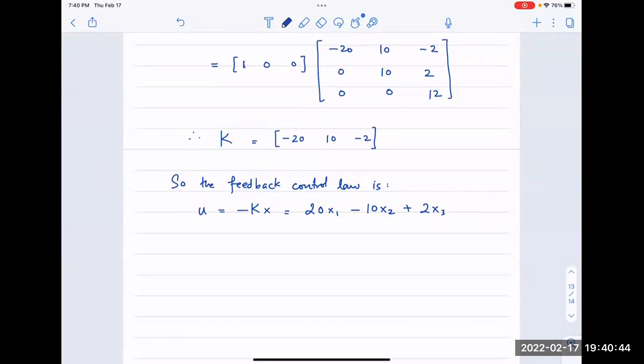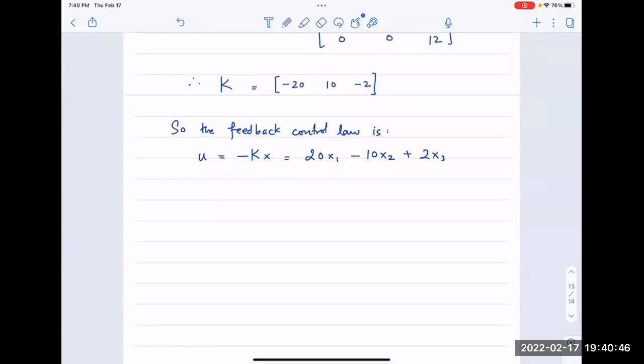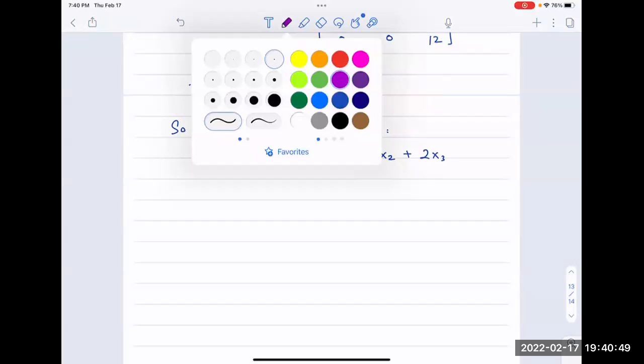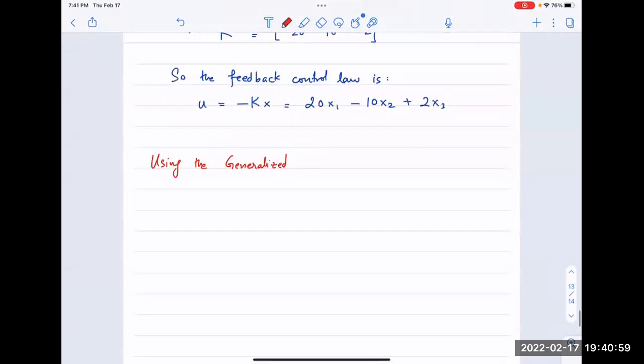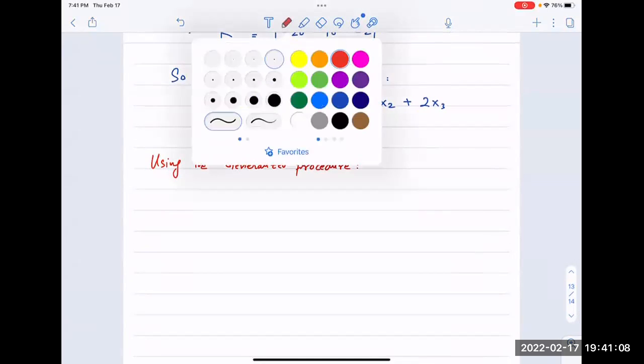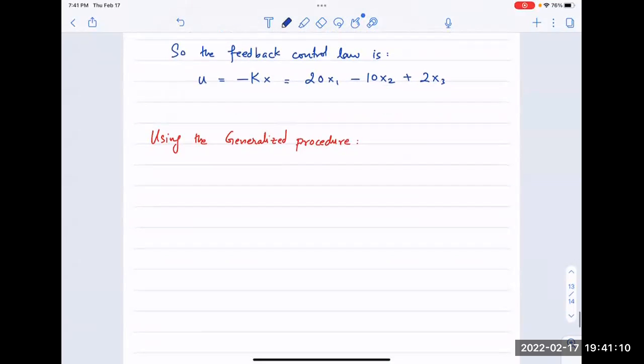Okay, now the second generalized procedure. So these examples are actually good reference for you to solve the homework, and I hope everybody understands what is going on here. The idea is very simple.